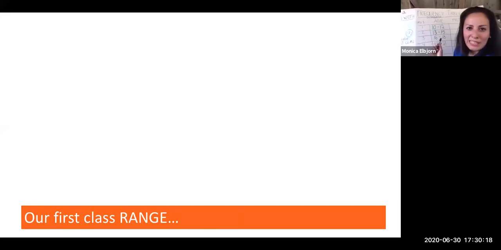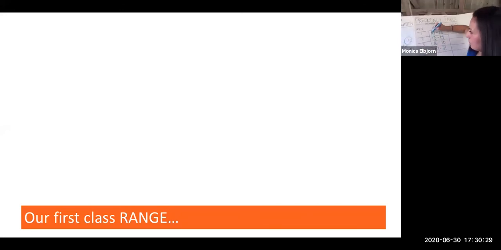This is where people get confused. The class width is not between here, it's between classes. So the class width will be between class 1 and class 2. It's not between here and here.